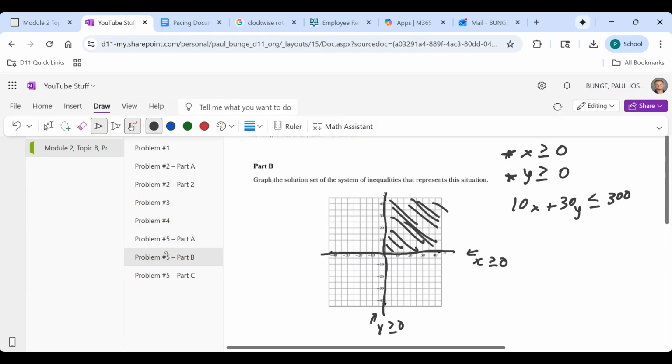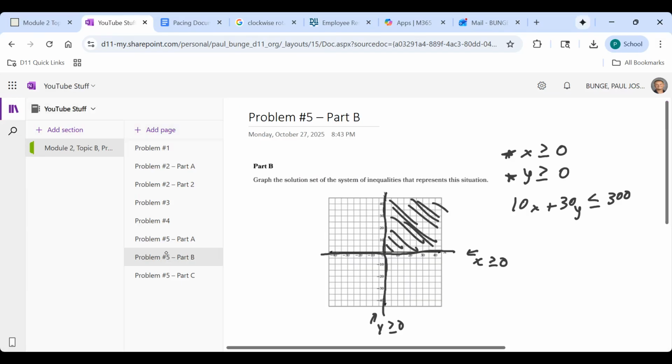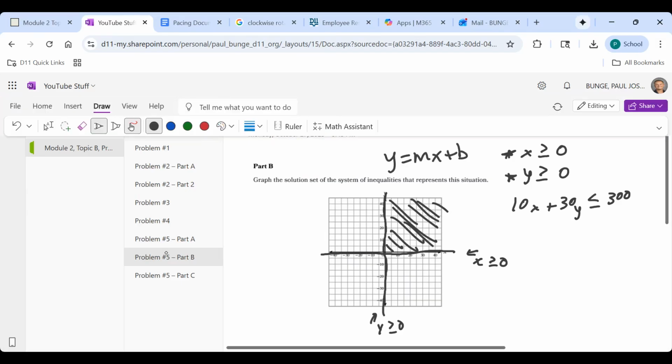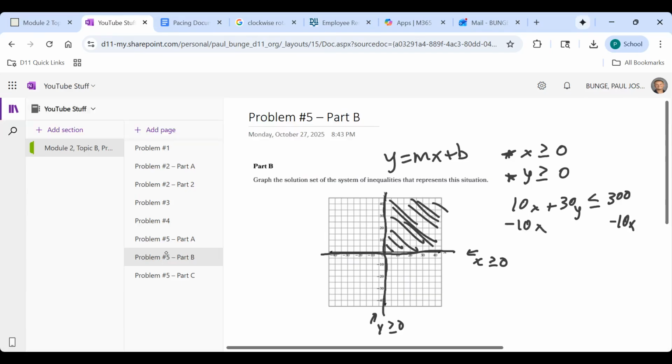Now we've got a third one that we have to graph, and remember, we're using our Holy Grail equation to help us get there. We have to put it in this version to graph it. In order to get the x on the other side, I'm going to subtract 10x. 30y is less than or equal to negative 10x plus 300. Divide every term by 30.